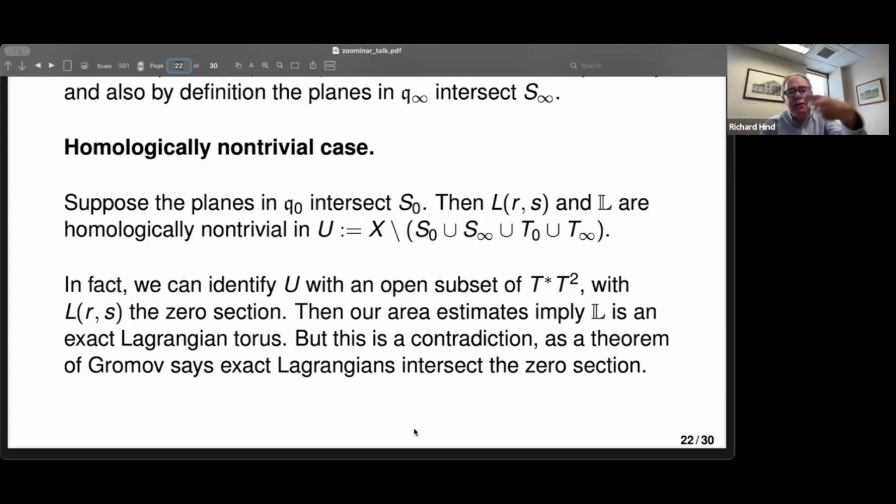That's almost enough to imply that bold L is not a Lagrangian knot. It's Hamiltonian isotopic to a section, and that just might not be the case. So this is the main concern then.